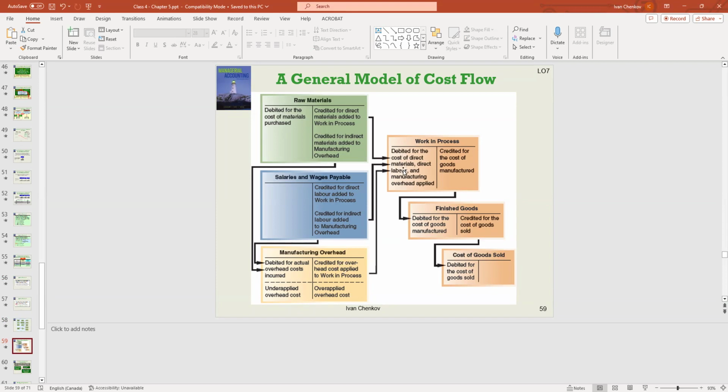Once we have direct material and direct labor, and from the manufacturing overhead account, we apply the manufacturing overhead. Once we have our products, we move cost of goods manufactured into finished goods. Once we sell the finished goods, we move them to cost of goods sold. At the end of the period, we close this manufacturing overhead, and we have either under-applied or over-applied overhead cost.